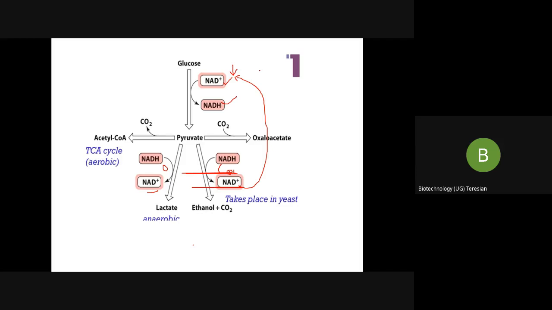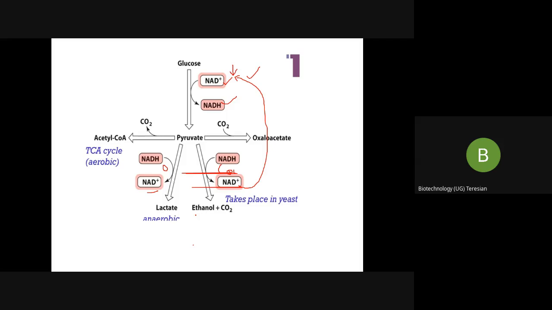The process of converting glucose will not happen because NAD is required. And here NAD is getting decreased because it is all getting reduced to NADH. So it should get back the NAD to continue the pyruvate pathway. From where do we get our NAD? From both lactate and ethanol.